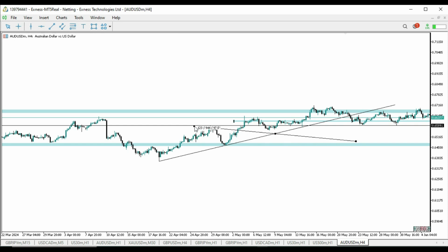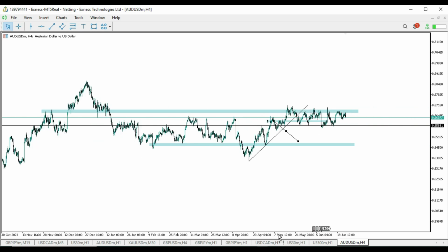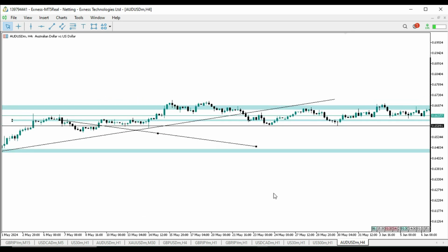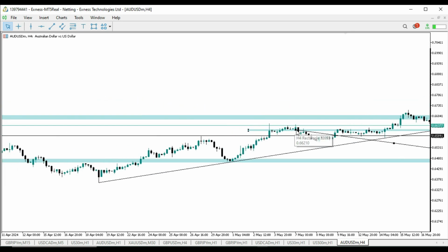Don't try to trade against the trend. Let's say the market was trying to come down because you saw this bearish engulfing candlestick here. Let me zoom in a little bit. You saw this bearish engulfing candlestick, you feel like, oh, the market will sell to this zone, and then you short the market here.